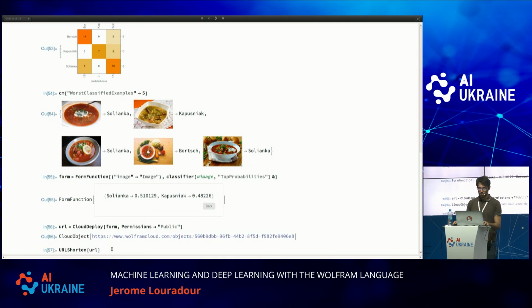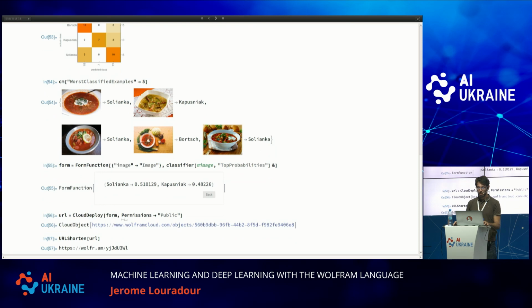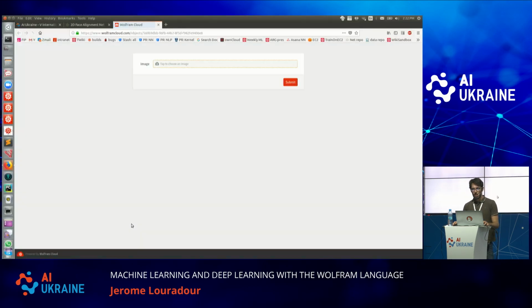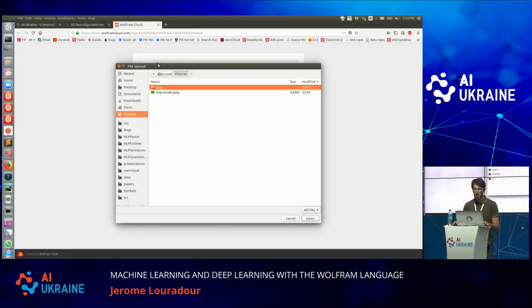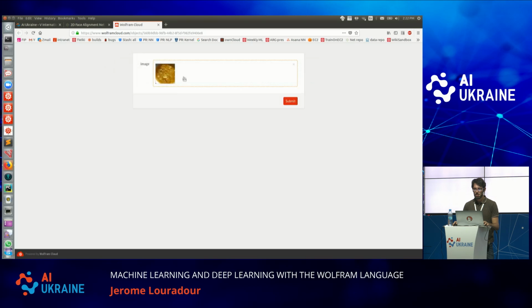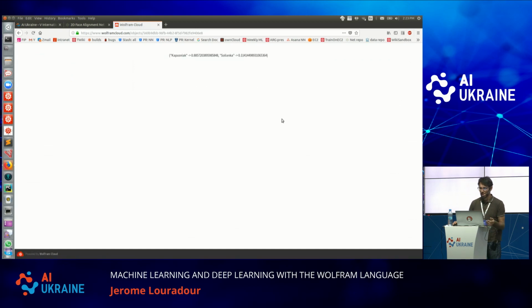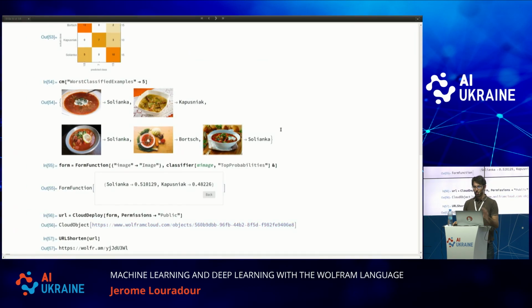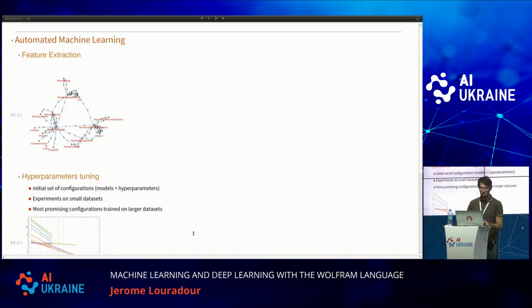I can shorten it so that you can also try it. And on this page, I can load my image of a soup, and it's going to classify it. The display is not very nice because I did short code, but of course you can polish it and make it more funky.